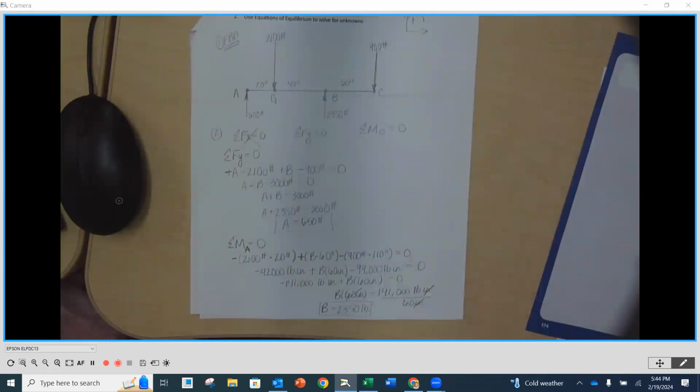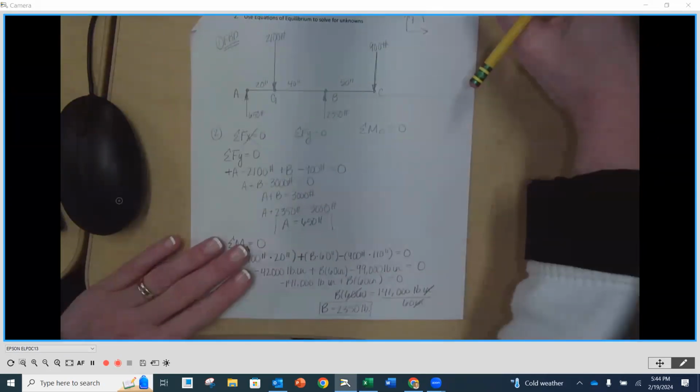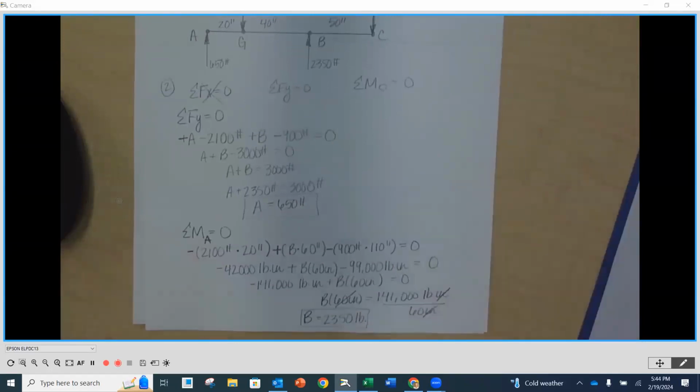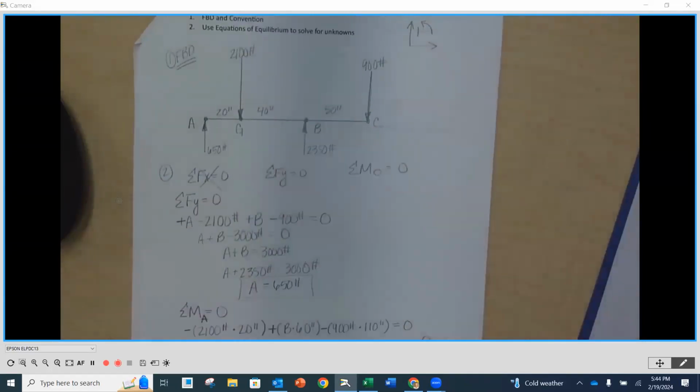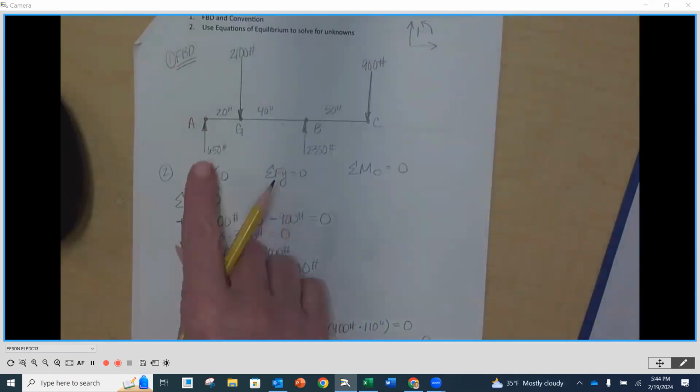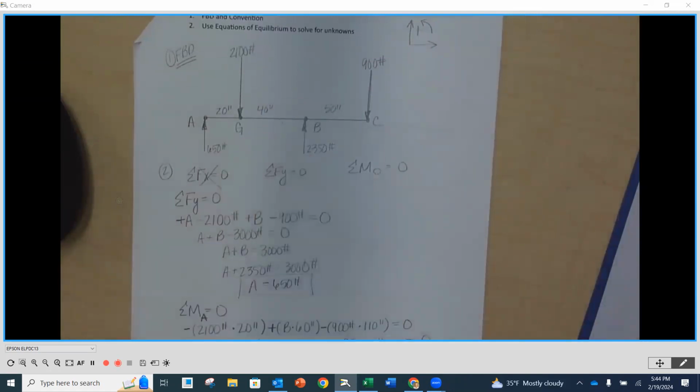Equilibrium of a rigid body. Questions on this problem? Okay. All right, I'll just make sure everybody's got what they need. So we start with a good free body diagram representing first our applied loads, making sure we have our units, our magnitudes, arrowheads on forces. And then we put in our reactions at our supports.